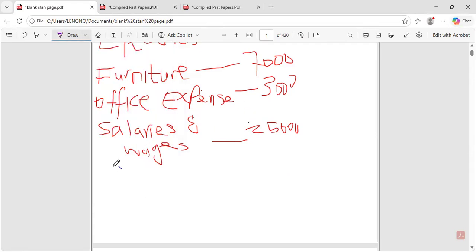Then creditors, 4,000. What else do we have?